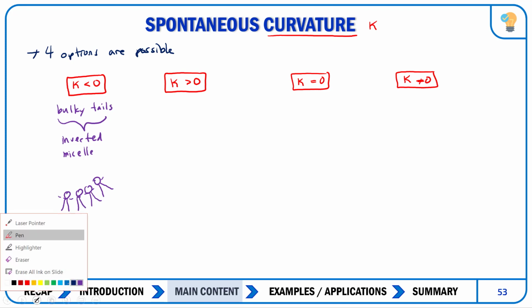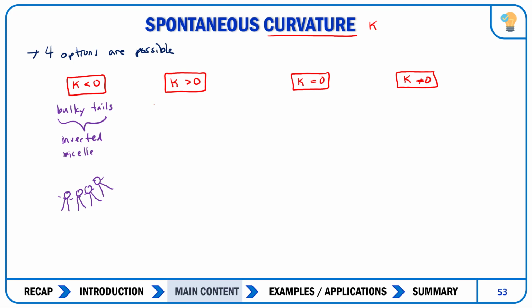Now, if I have kappa being greater than 0, then it means that there's really high curvature. We call that bulky heads. This would essentially mean you have a normal micelle. So going like this, you'd actually have something like that.